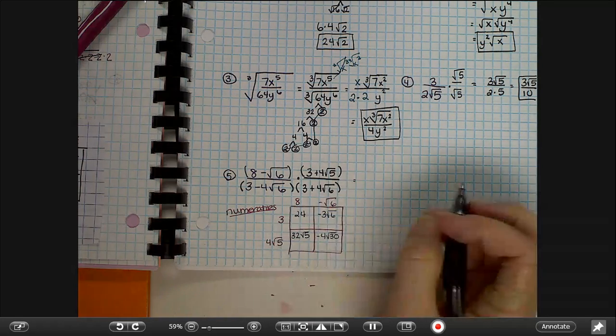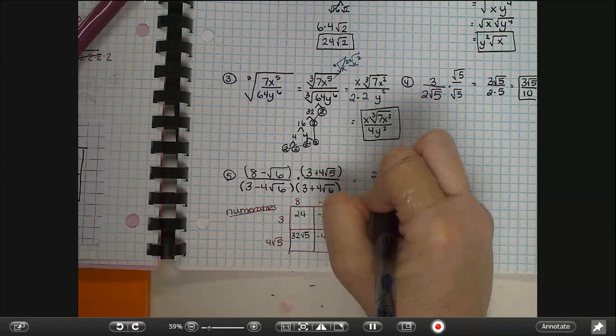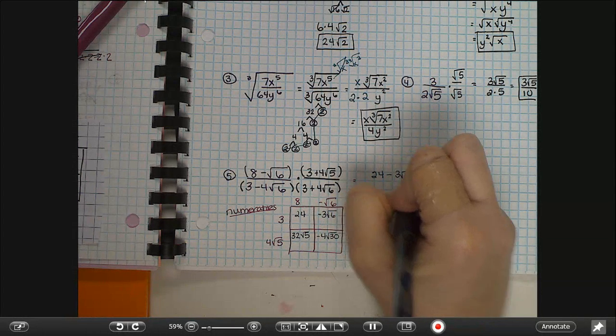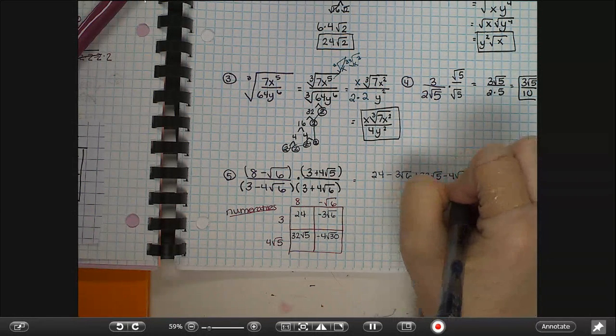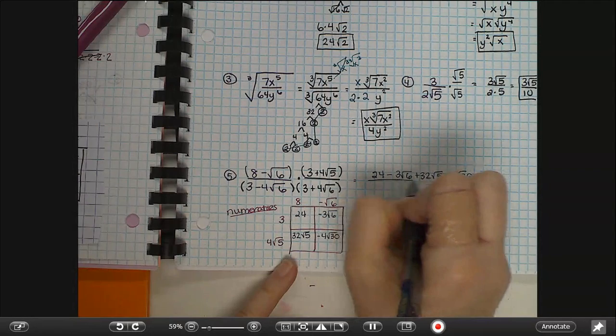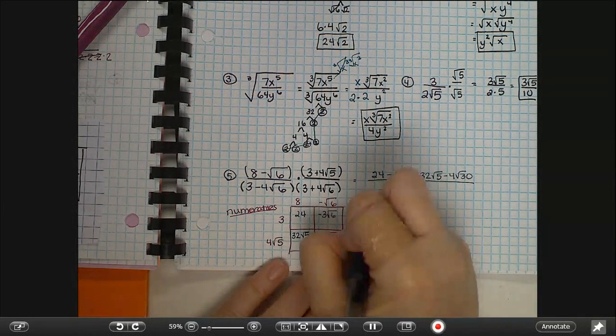All right, we're going to pull that out. So our numerator right now is 24 minus 3 root 6 plus 32 root 5 minus 4 root 30. And we will go through and try to simplify if we can. In the denominator, we're going to do the same thing.